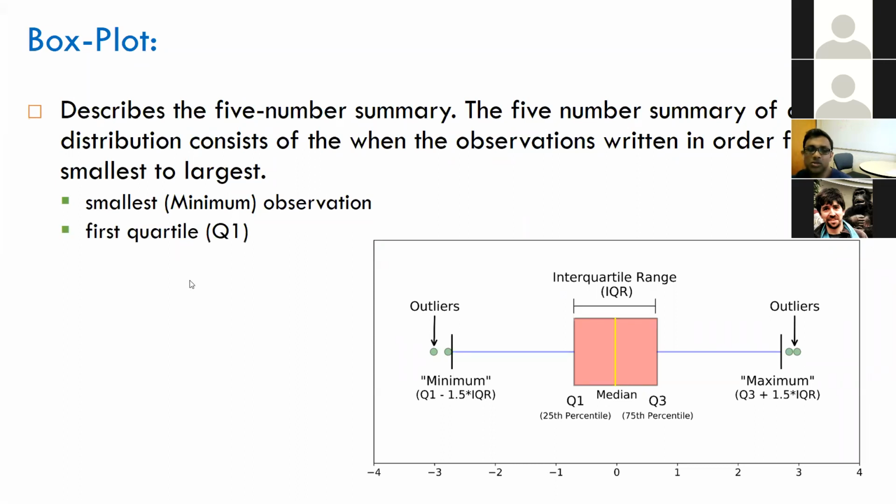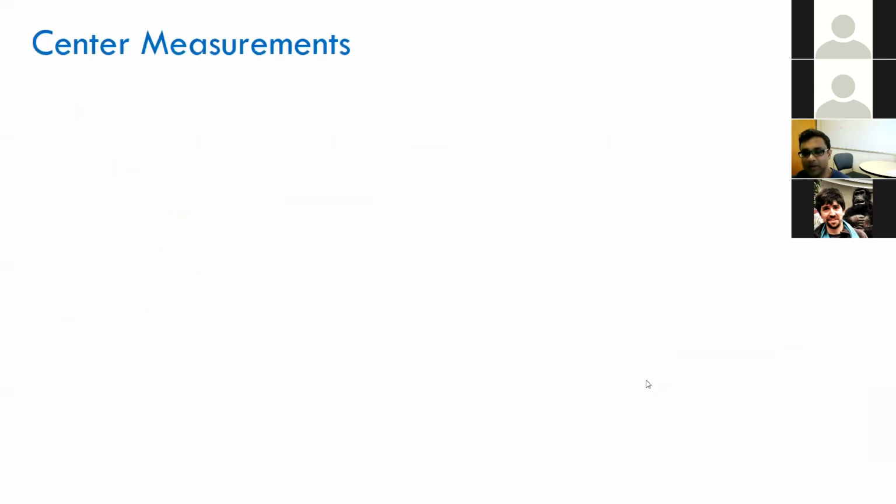All right. So the first 25% of your data is called the first quartile, Q1, and then the 50% of your data is called Q2, which we call the median, and then the Q3 here, and then the maximum, right?